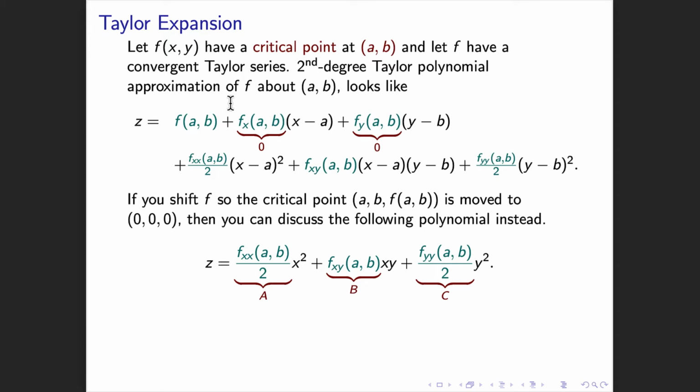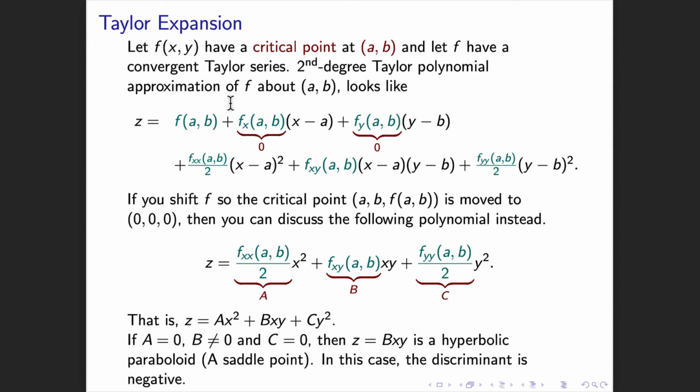And so I can completely ignore the relationship of the coefficients with the function for a little bit and just investigate any polynomial ax squared plus bxy plus cy squared, and figure out then how a, b, and c are related to the second partials of the function and how they are related to the discriminant.